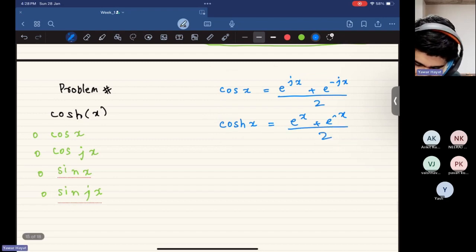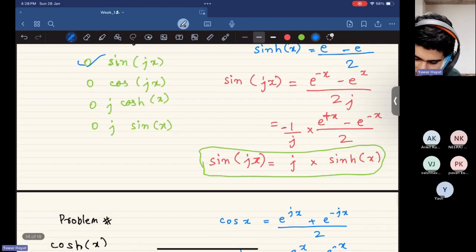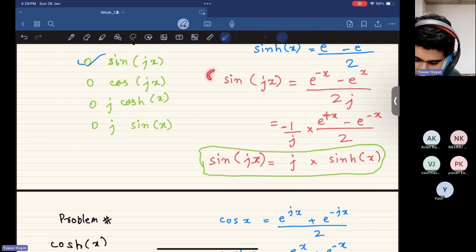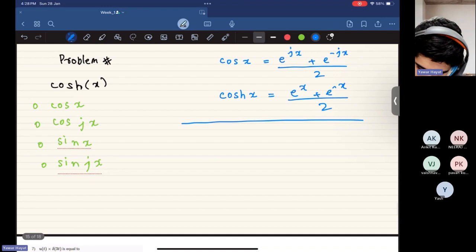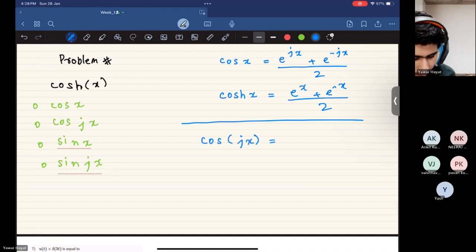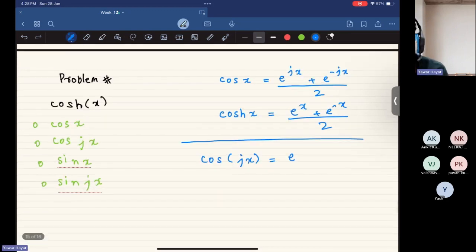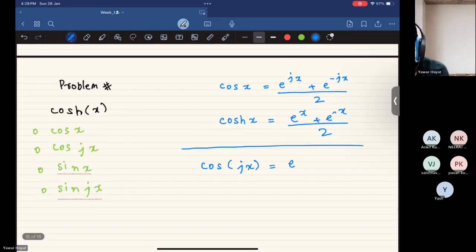Now, as we proceeded in the first problem, where we evaluated sine of jx, let's evaluate cos of jx here. Cos of jx is e power jx... Again, you'll need to concentrate.